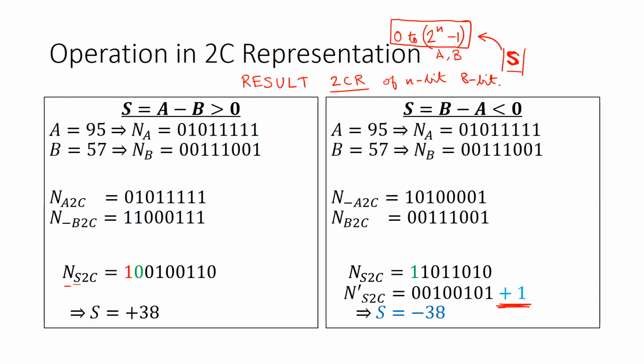Only thing you have to remember is that you should not choose an a and b that gives you a result outside the range of quantities that the 2's complement representation is able to represent.